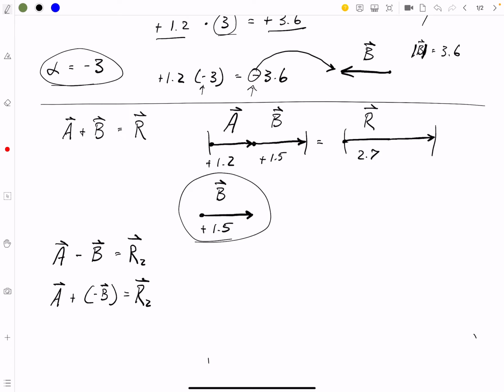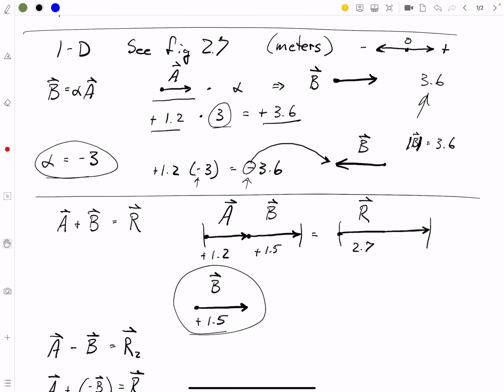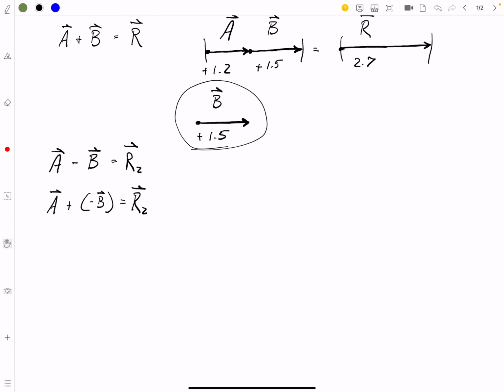We saw it earlier. When we put that negative sign in, it gives us the negative on the other side. So if we have B and we multiply by -1, we're going to end up with B but pointing in the other direction.